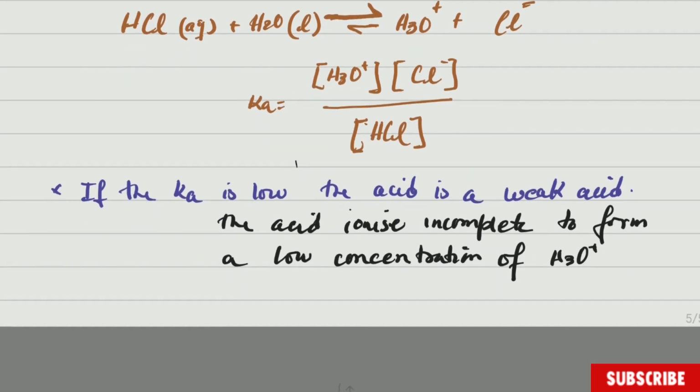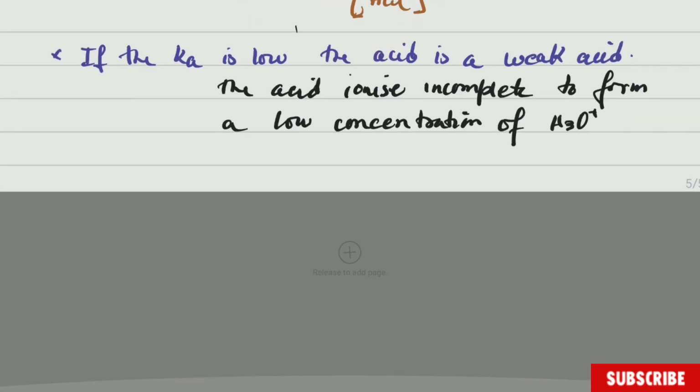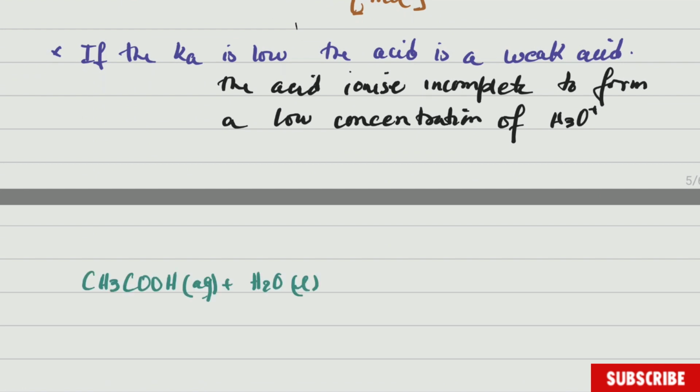So if you have another reaction, another example, the equilibrium is going to be shifted to the left. The concentration of H3O plus aqueous here is going to be quite small, much smaller than the concentration of the reactants. That is what is actually happening here.